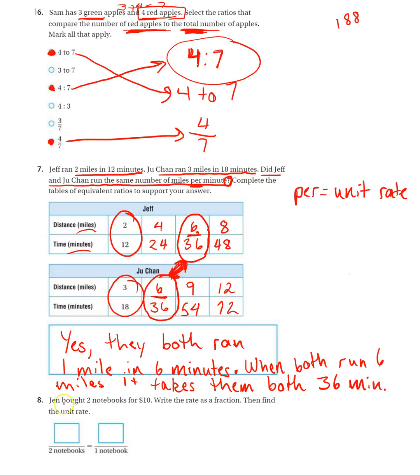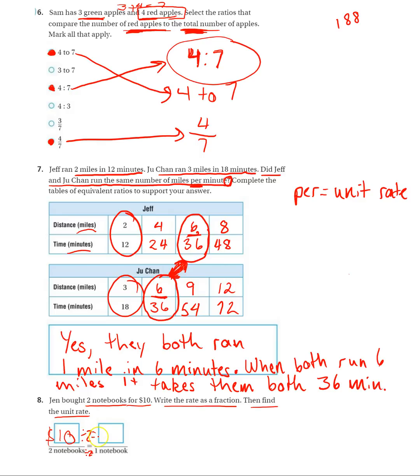Okay. All right, number 8. Jen bought 2 notebooks for $10. Write the rate as a fraction. So write it as a fraction first, then find the unit rate. Okay, well they already put the notebooks on the bottom. So we're going to put the $10 on the top. And then to get 2 to 1, we have to divide by 2, and whatever I do to the bottom or the top, I do the same thing to the opposite of that.